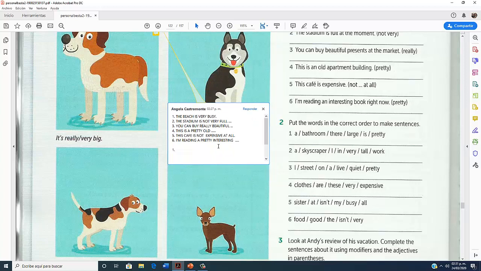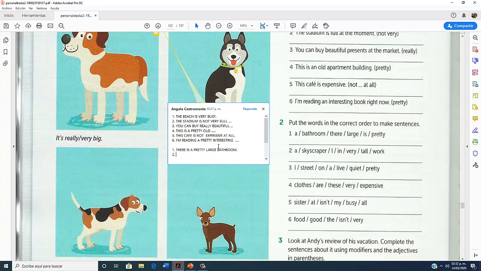Number 1 again. The bathroom there, large, is pretty. There is a pretty large bathroom. There's a pretty large bathroom.